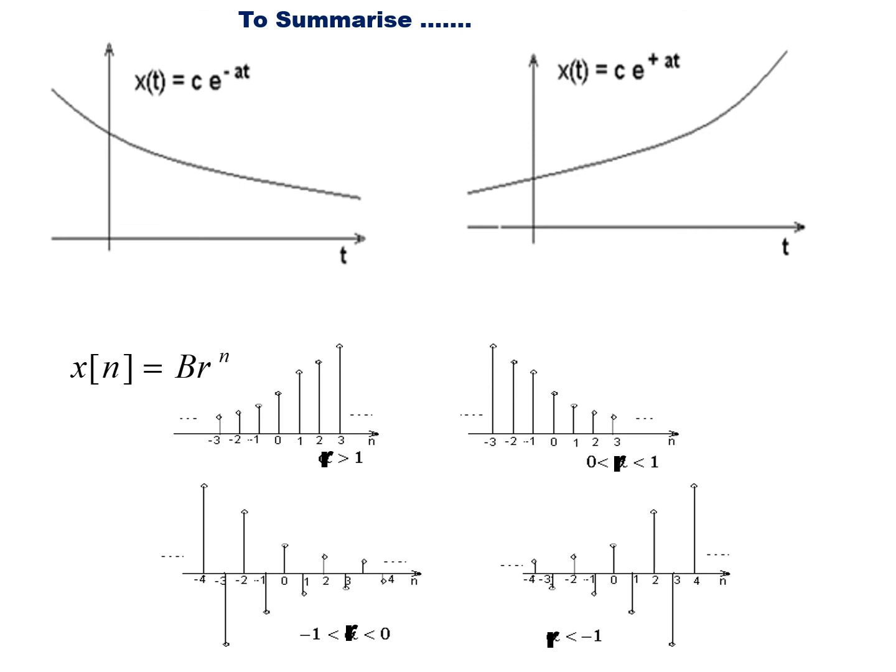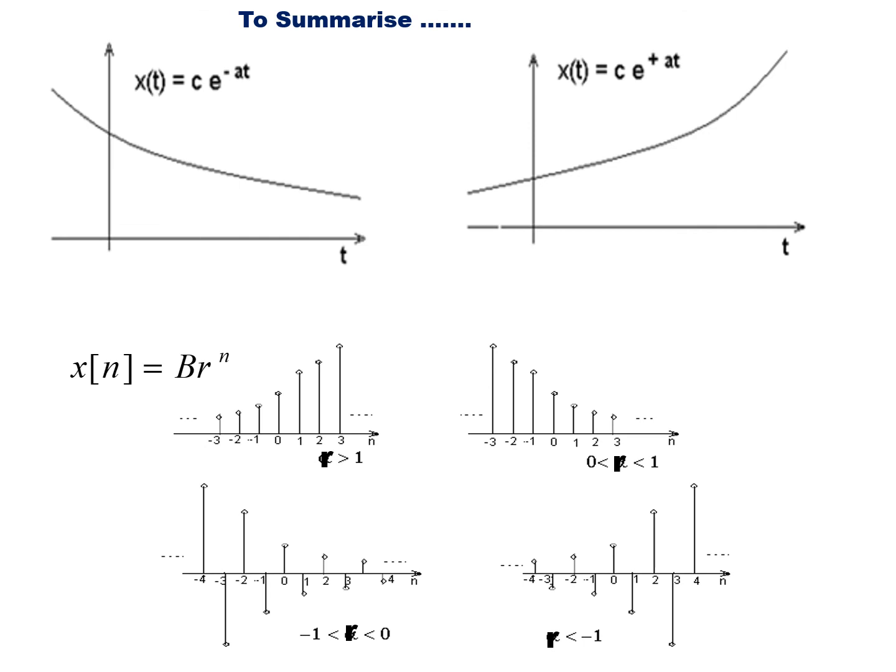Now what will happen if r is a negative fraction? Suppose r is taken as minus 0.5, anywhere from 0 to minus 1, less than 0 but greater than minus 1. What kind of signal will it result? It will result in a decreasing exponential but with alternating values.